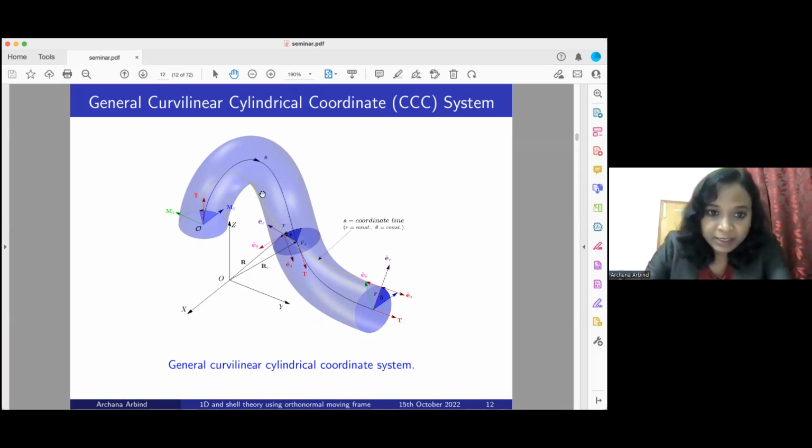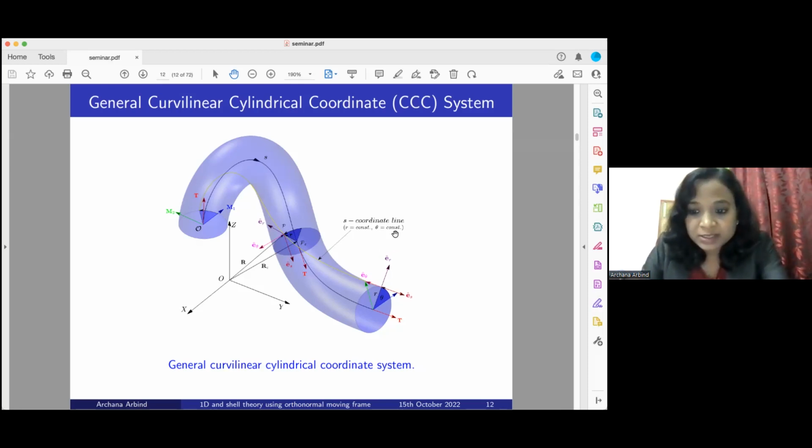But at each point of the structure, we have an orthonormal moving frame. What I mean by that is, we don't take what we usually do in a curvilinear coordinate system, the natural covariant basis. That natural covariant basis is actually non-orthogonal or non-orthonormal.